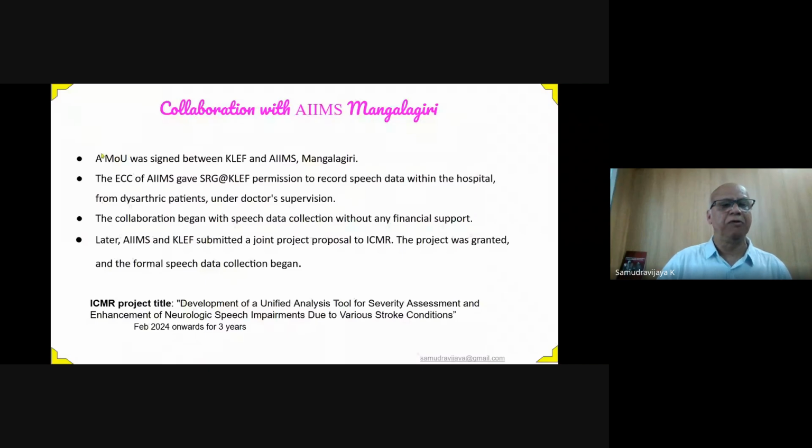Of course, we did a memorandum of understanding, and since data collection from people is involved, an ethical clearance certificate is necessary, so we started the work after getting clearance. Later AIIMS and our university, Koneru Lakshmi Education Foundation, submitted a joint project proposal to the Indian Council of Medical Research. That was granted, and the 3-year project started 2 years ago.